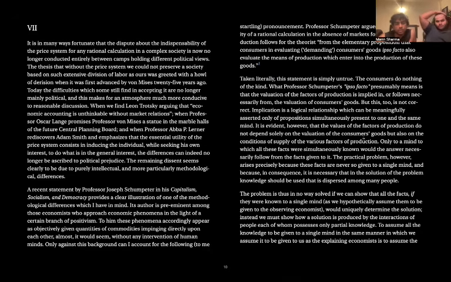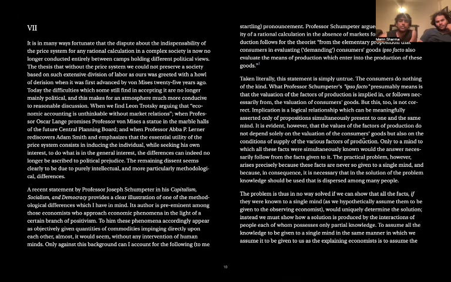Only to a mind to which all these factors are simultaneously known would the answer necessarily follow from the facts given to it. The practical problem, however, arises precisely because these facts are not so given to a single mind, and because, in consequence, it is necessary that the knowledge that is dispersed among many people should be used.